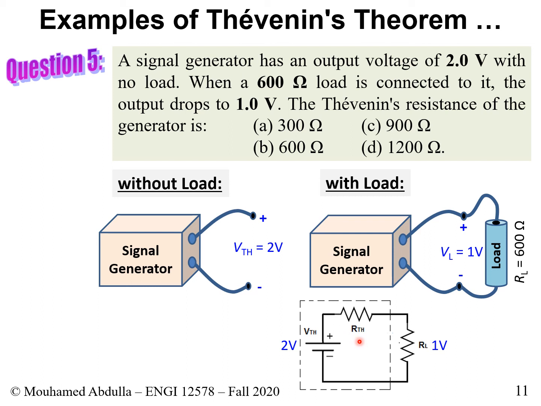So you could think about it as your RTH, if you will. And therefore, the question is, what should be the value of this resistance? It should be the same value as this one, because if this one takes 1 volt and this takes 1 volt, this resistor should equal this resistor. So it has to be also 600 ohms. And that's basically what we get for the result, which is B.